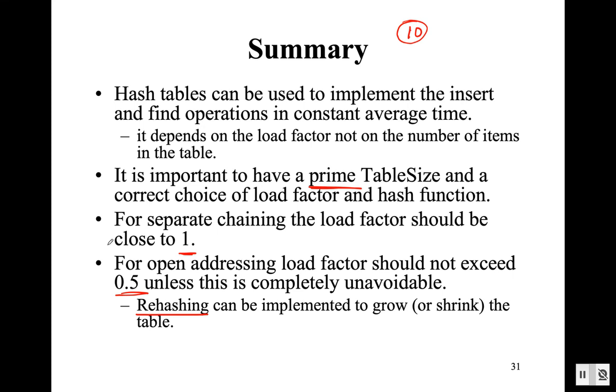But for hashing we have to know about collision resolution, and we saw a couple of ideas for how to resolve collisions. Especially two ideas: one is separate chaining and another is open addressing. In open addressing we saw linear probing and quadratic probing, and for each collision resolution technique we saw the pros and cons.